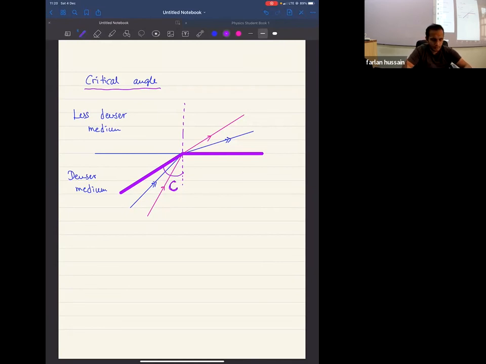Understood? So when the light is entering from denser medium to less denser medium, the angle of incidence which makes the angle of refraction to be 90 degrees is what we call as a critical angle. Okay. Understood?